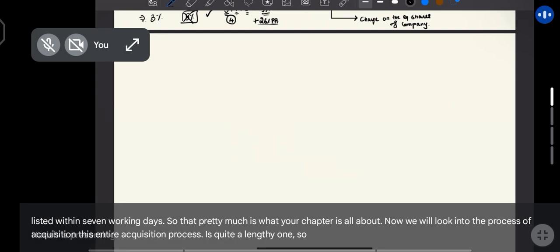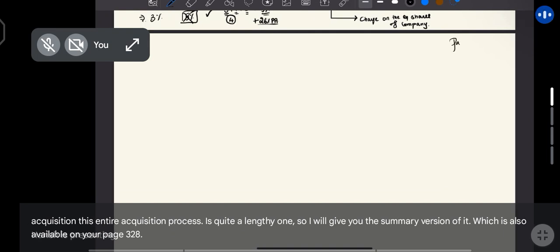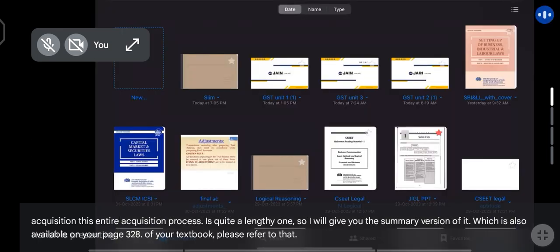month. So I will give you the summary version of it, which is also available on page 328 of your textbook. So please refer to that.